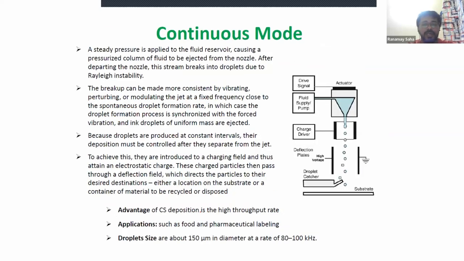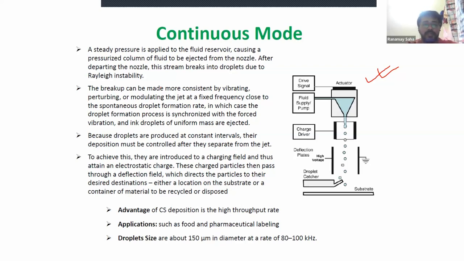Looking at that, you can see that this is a continuous mode of droplet formation. A steady pressure is applied to the fluid reservoir, causing a pressurized column of fluid to be ejected from the nozzle. Because the pressure remains steady, the fluid ejected from the nozzle becomes continuous.